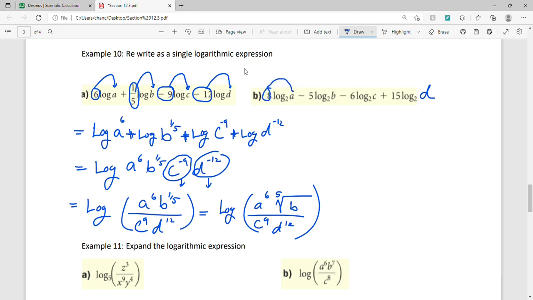And then I'm going to use that same trick I did last time. I love to bring those negative exponents in the top here. It just makes it easier so I don't have to switch between quotient rule and product rule.